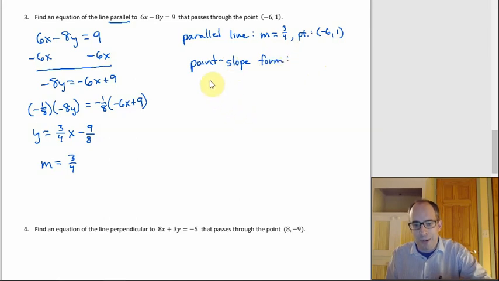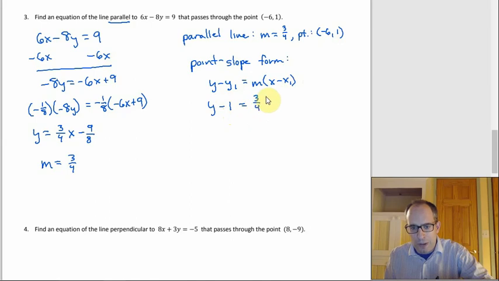The point slope form where you have y minus y1 equals m times x minus x1, where x1 and y1 are the coordinates of your point. Then we can just sub in and say this will be y minus 1 equals 3/4 times x minus negative 6. So really that's an x plus 6 in there, right? So y minus 1 equals 3/4 times x plus 6.